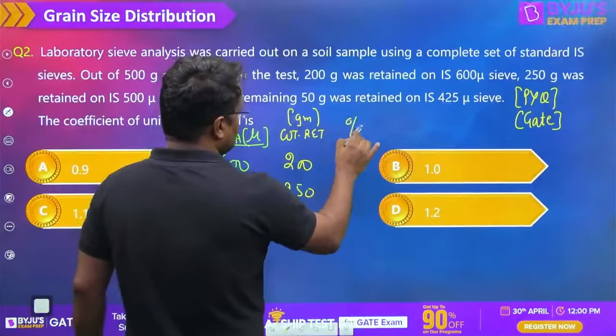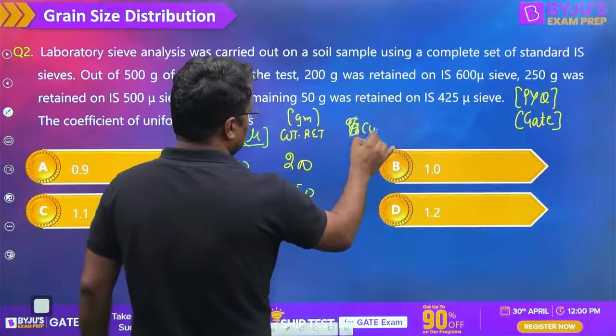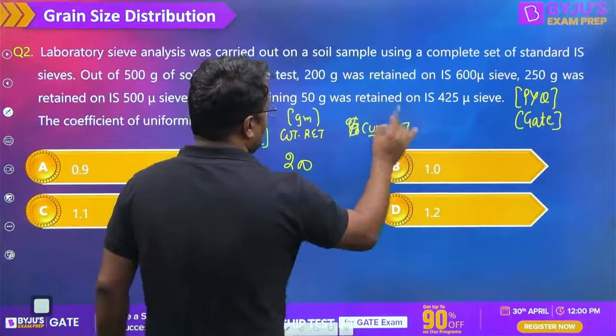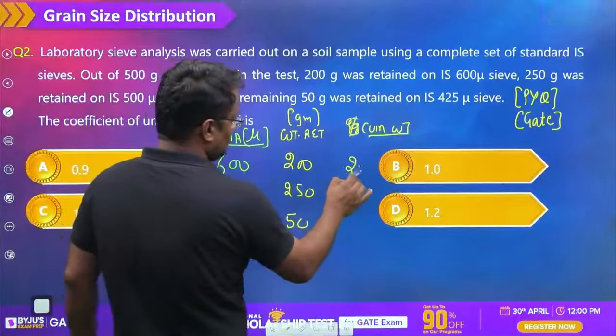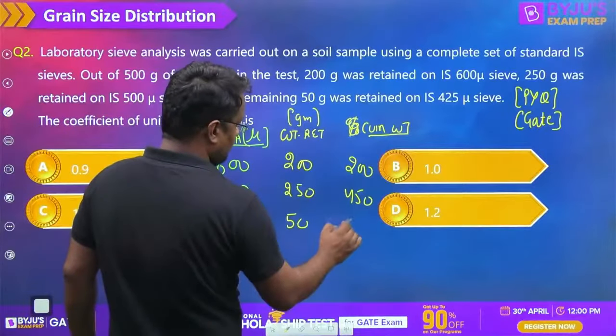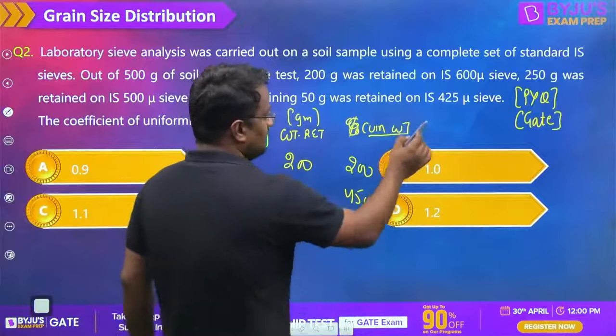So if I find the cumulative weight, the cumulative weight is 200, 450 and 500. I did that at the beginning.